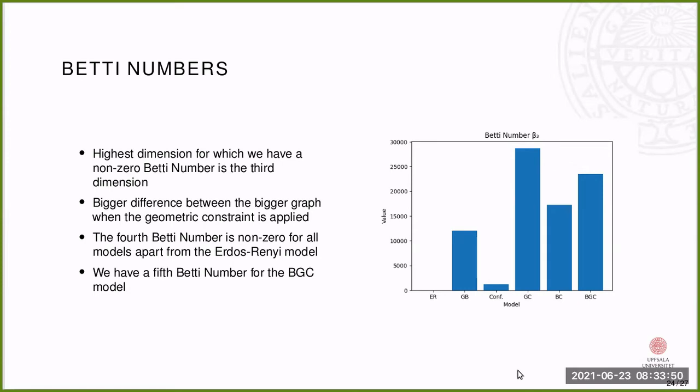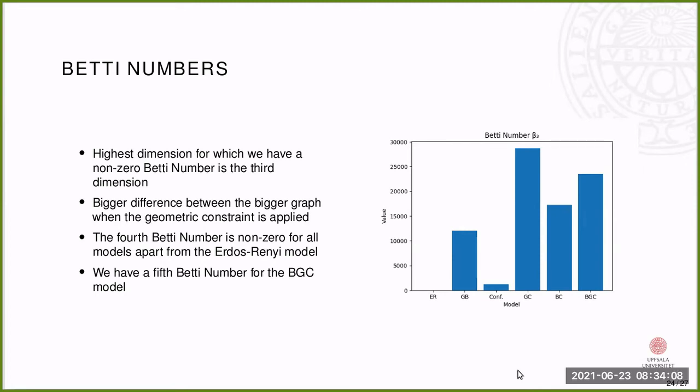The first model here is the Erdos-Renyi model, where we don't necessarily see how many Betti numbers they have in the 3rd dimension, but in each realization we had anywhere between 5 and 20.